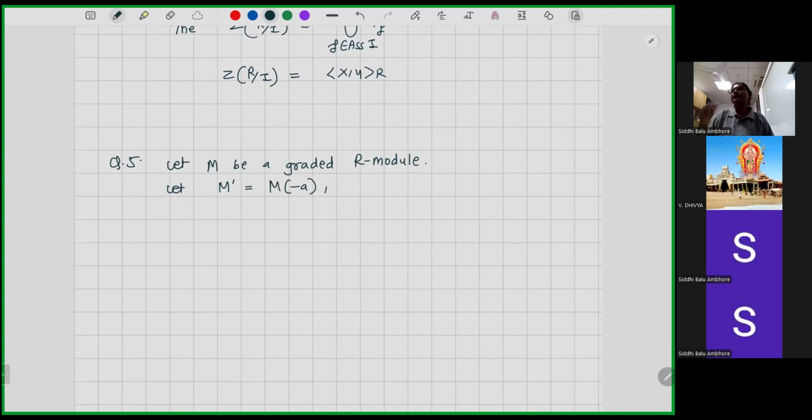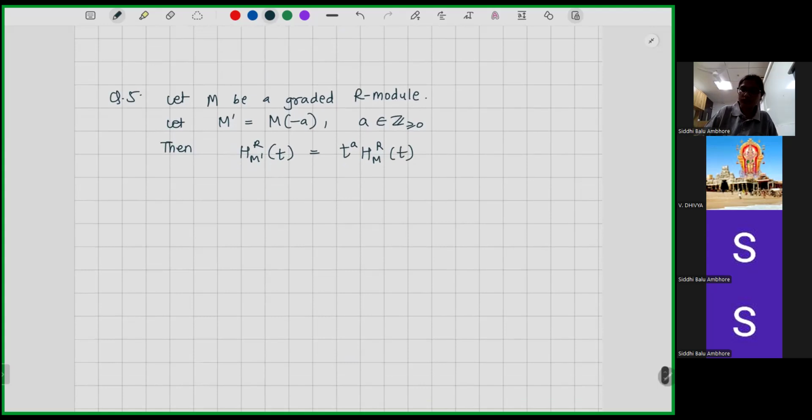We are shifting the degrees by A, such that A belongs to Z, greater than or equal to 0. Then the Hilbert series of M dash, this new module with the shifted grading, is T power A times H_M(R, T). We have to check whether this is true or false.